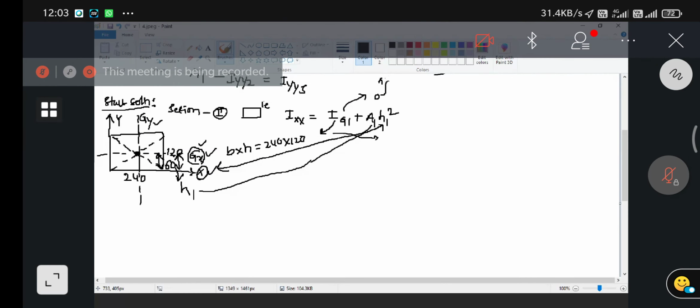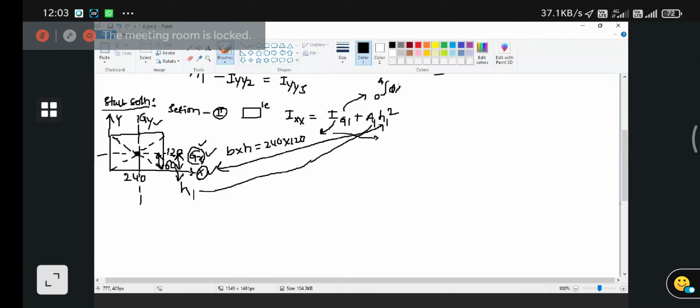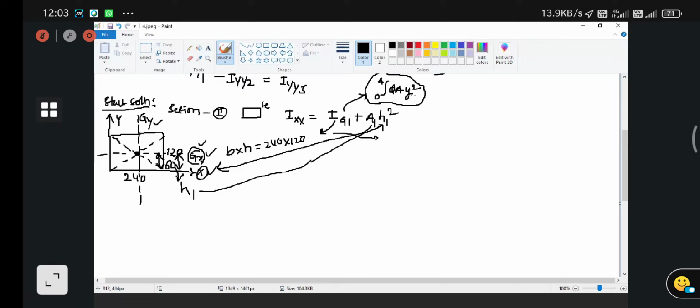If you clearly observe or remember the concept, integrating from 0 to A and applying moment of inertia by taking a differential elemental area about the x-axis, you take the square of the perpendicular distance from the x reference. With reference to the x-axis, you get y square. If you apply this, you get the moment of inertia about the x-axis, Ixx.